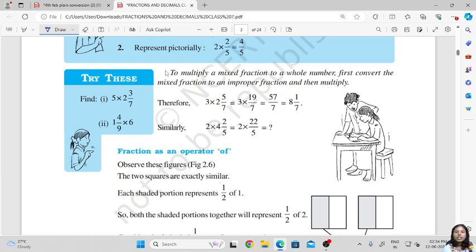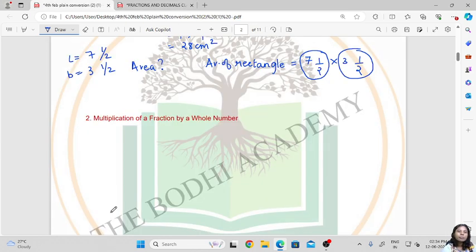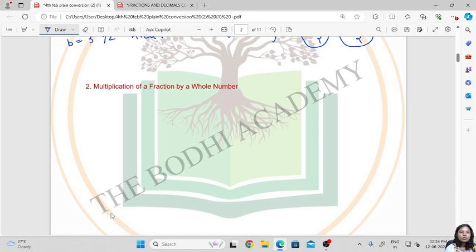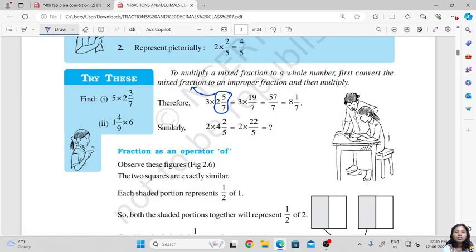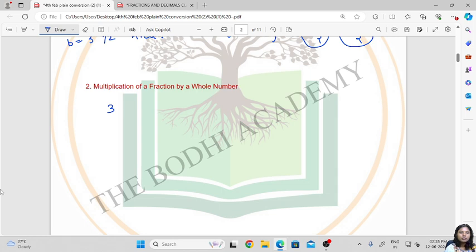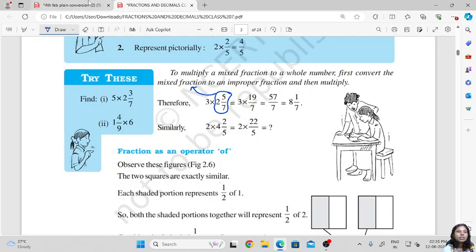So now what they are saying is, this part which is there, see here, this is the mixed fraction. So now how do we solve such parts? Let's take that same example. It said 3 into 2, 5 by 7.